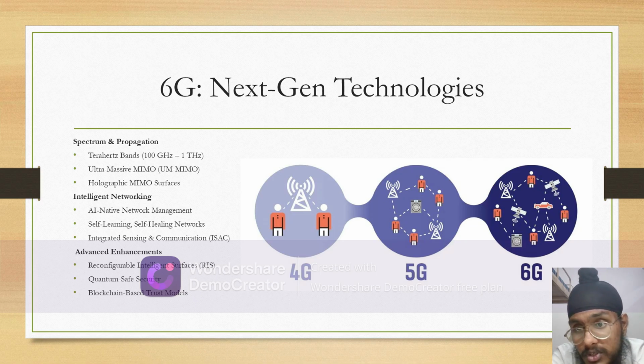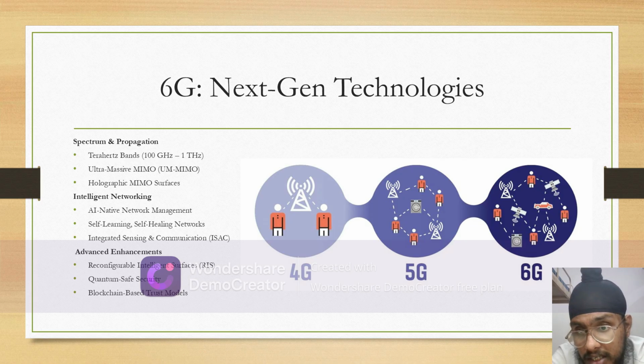The first point is spectrum and propagation, and the key points under this are terahertz bands, which range from 100 gigahertz to 1 terahertz. Second key point is ultra massive MIMO, and the third one is holographic MIMO surfaces.